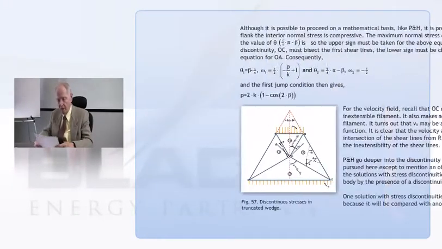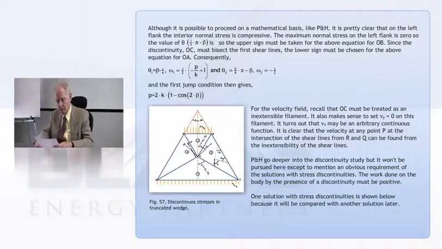the result turns out to be that the pressure is 2K times 1 minus cosine 2 beta. And in order to get there, you had to use the first jump condition above. So you have a solution. It tells you what the pressure is.